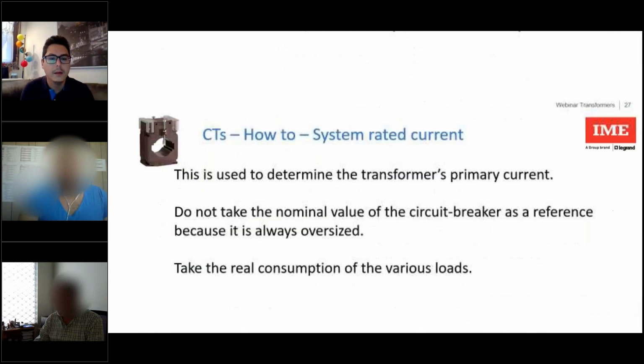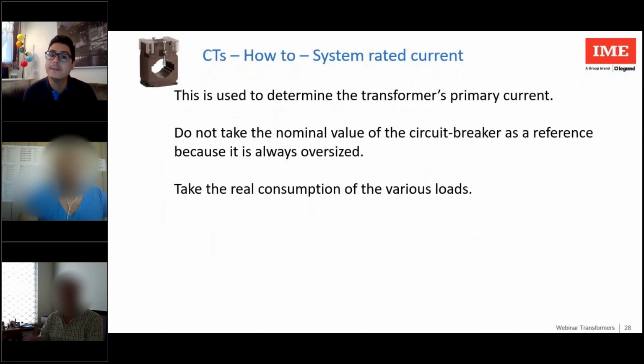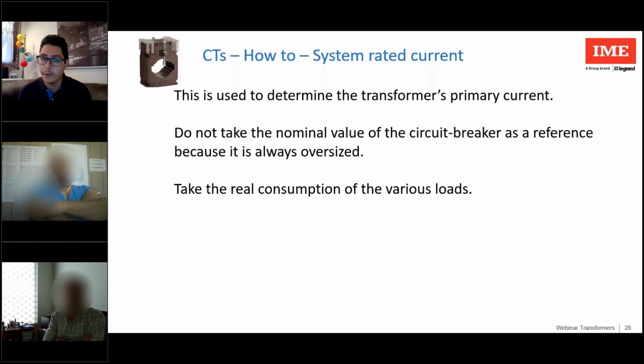So, start with the first one, the system rated current. This is used to determine, obviously, the transformer primary current. One of the errors is to take the nominal value of the circuit breaker as a reference, because a lot of times it's oversized.